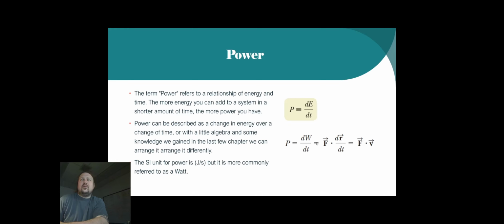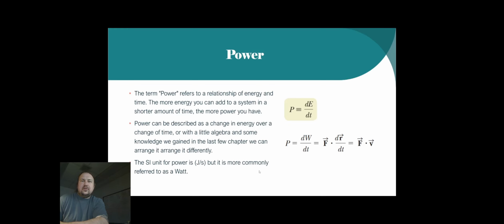Well, work is just force multiplied by a distance, right? So work over time is force times distance divided by time. Well, distance divided by time is a velocity. So really, power can be the change in energy over the change in time, or we can look at it as a force multiplied by a velocity, how fast it is moving.